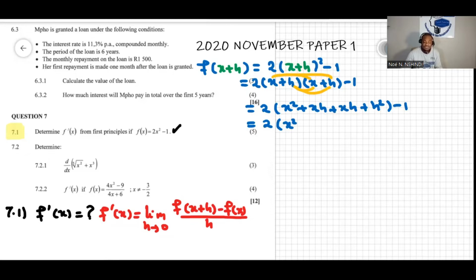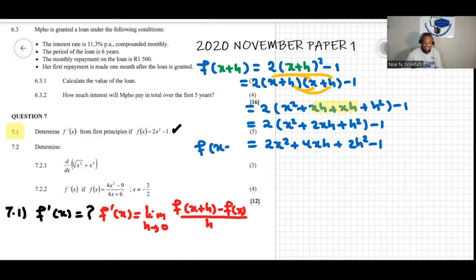That makes x squared plus 2xh plus h squared, minus 1. If I multiply by 2, the whole expression would be 2x squared plus 4xh plus 2h squared minus 1. Now this is basically f of x plus h.